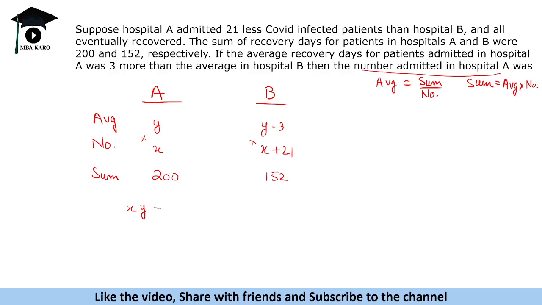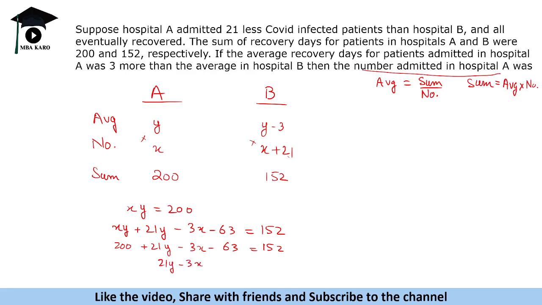So xy is equal to 200. From the second equation we will get xy plus 21y minus 3x minus 63 is equal to 152. Okay, now this xy is 200. If we simplify this, we will get 21y minus 3x is equal to 15, or 7y minus x is equal to 5.